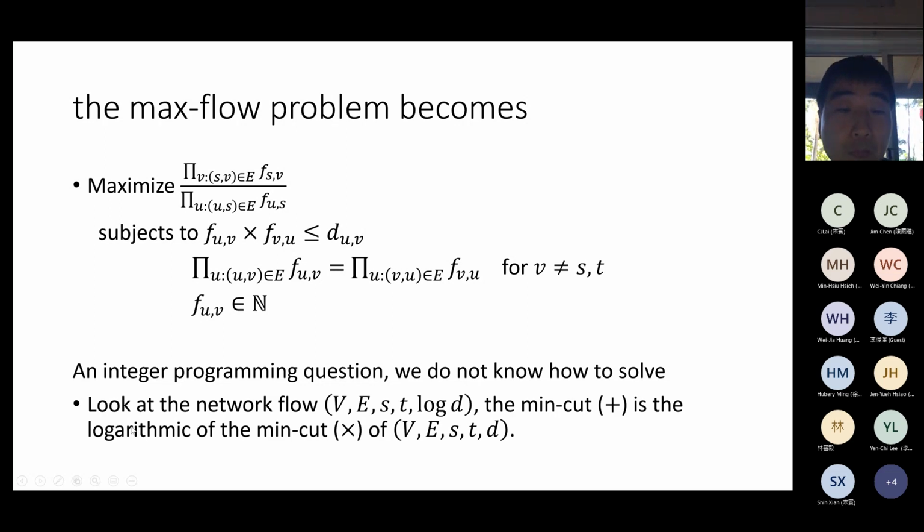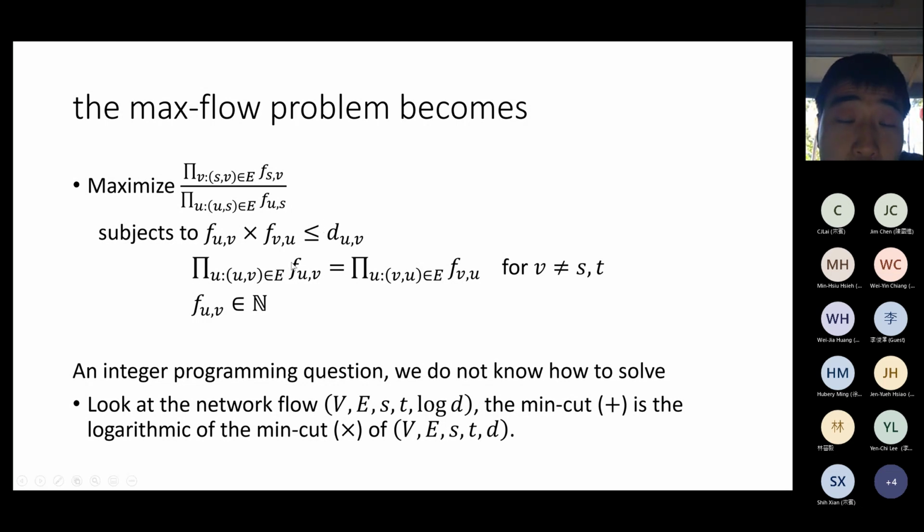And so we just look at the tensor network flow. The idea is we look at the network flow with capacities log D. So we're not working with this integer programming with many products, but we want to work with plus and minus.